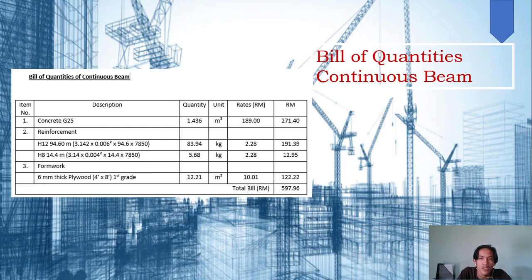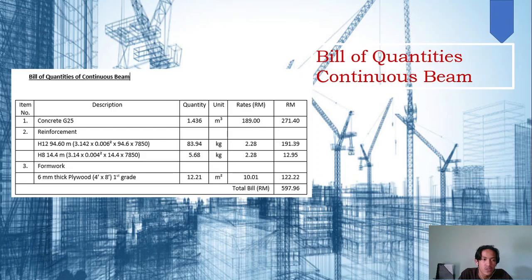This is the bill of quantities of the continuous beam. First we have concrete grade 25, and the quantity of all the beam segments used is 1.436 in meter cube, and the latest rate is 189, and then the price of the continuous beam is 271.4.